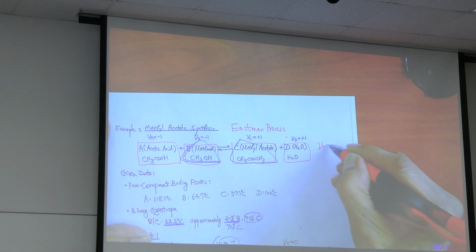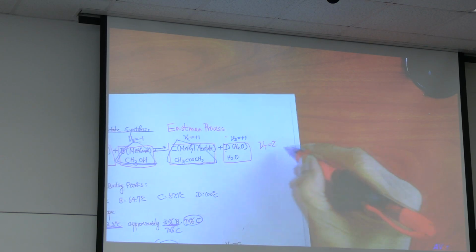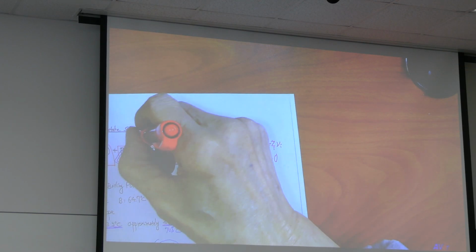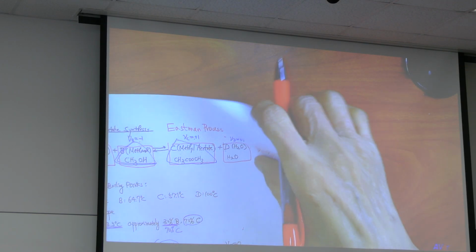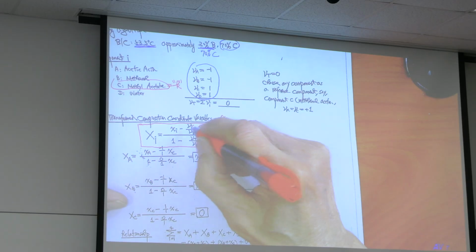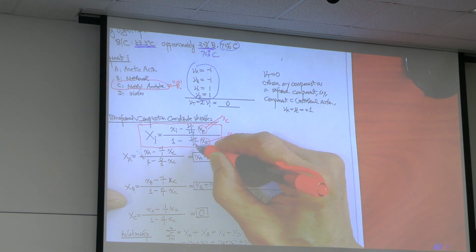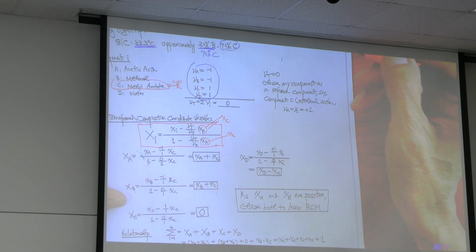Mu T summation is 0. Minus 1, minus 1, plus 1, plus 1. 1 minus mu T over mu K, xk.